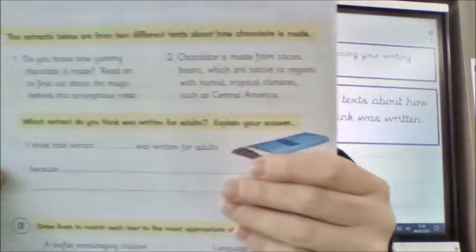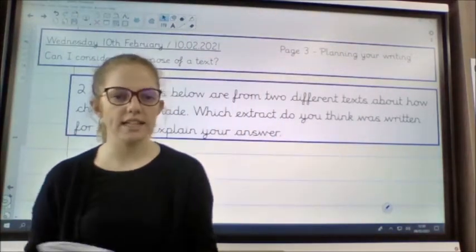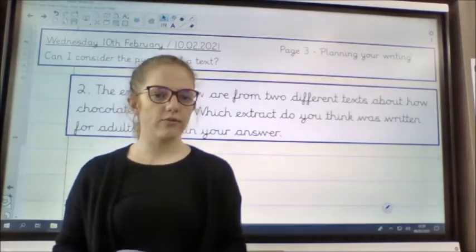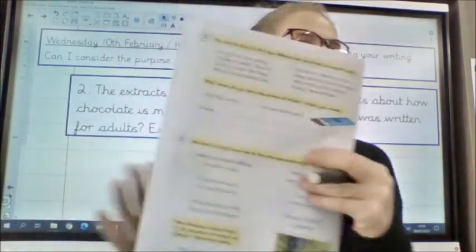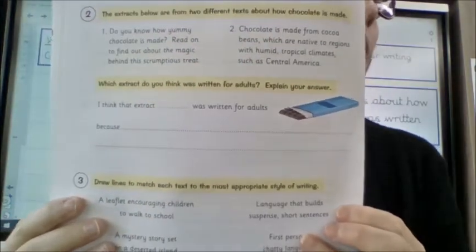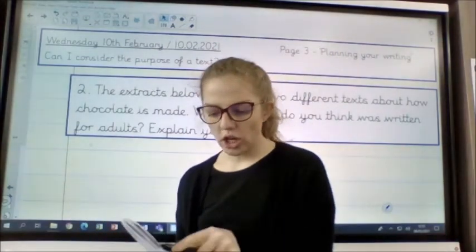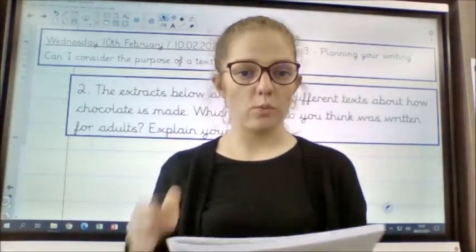You've got your 2 extracts there, and the question about these extracts is asking you, which extract do you think was written for adults? Explain your answer. So you've already got the sentence at the top written for you. I think that extract something was written for adults. You're going to look at which one you think is written for adults and why.